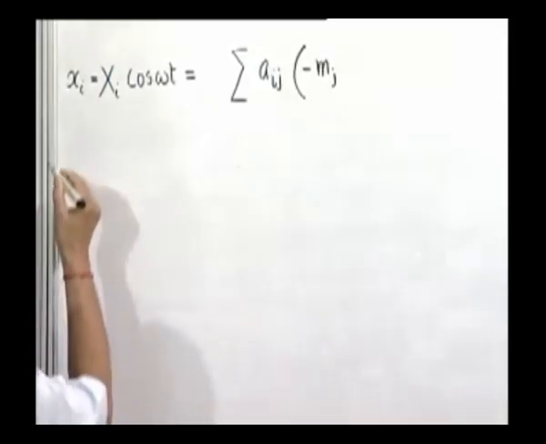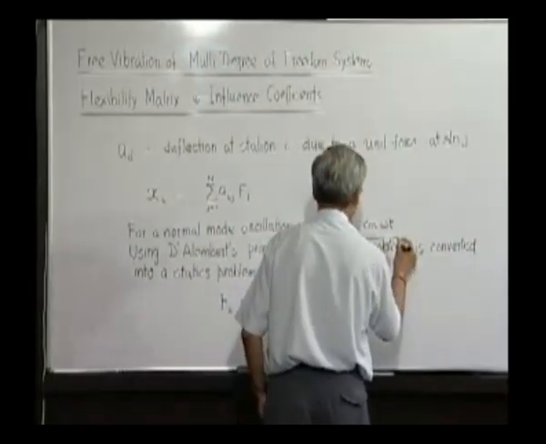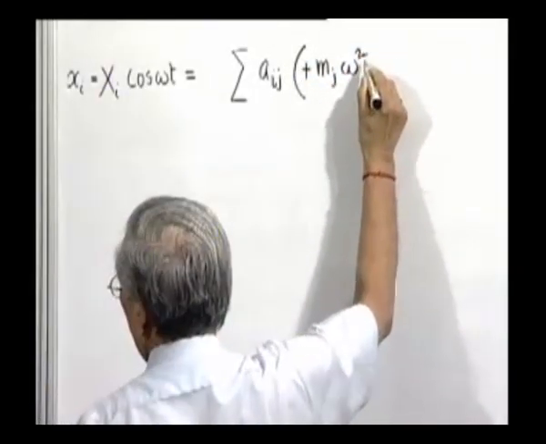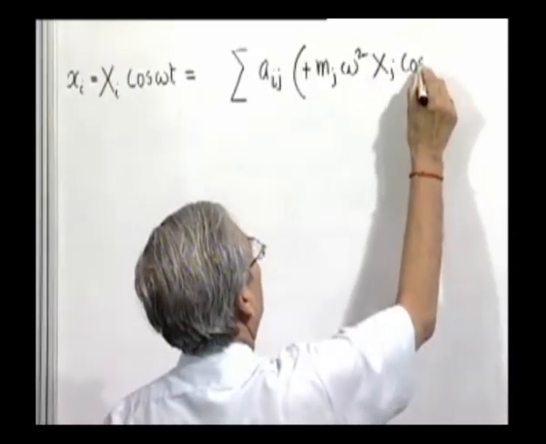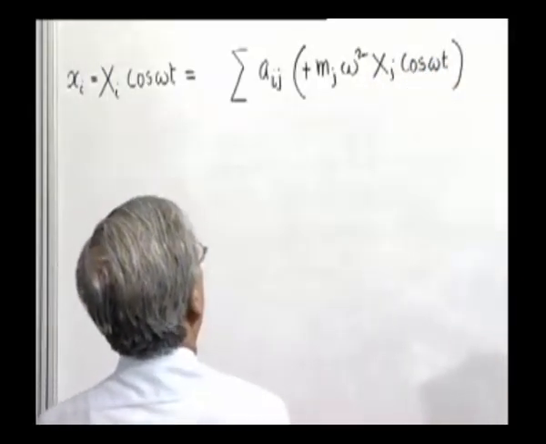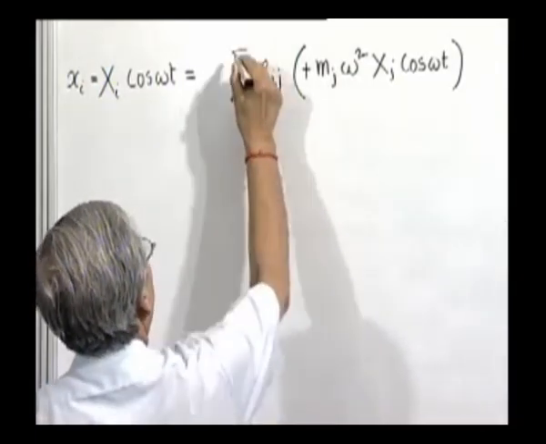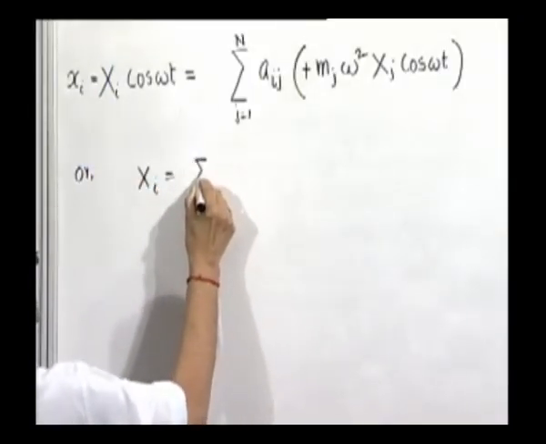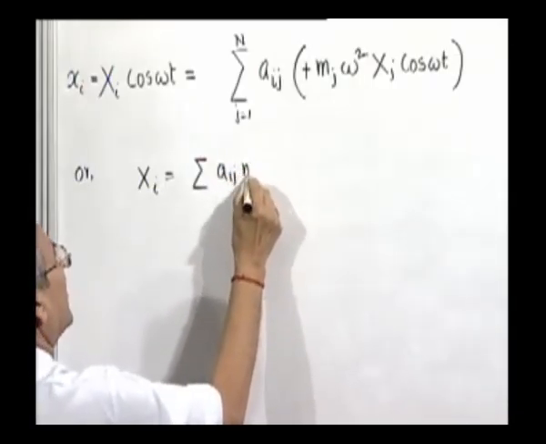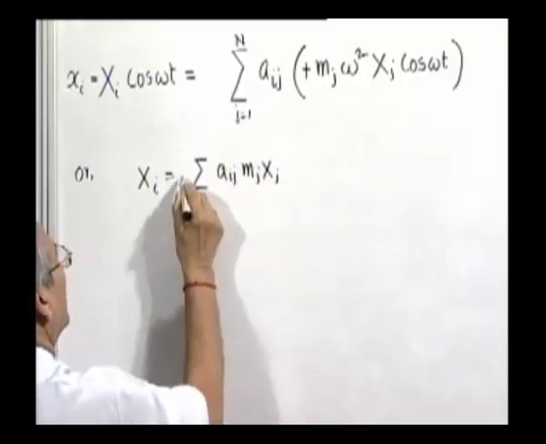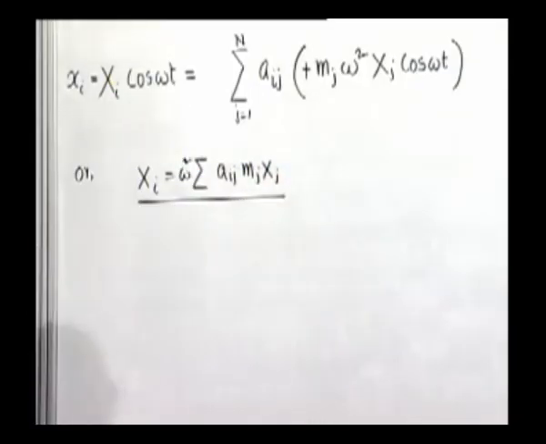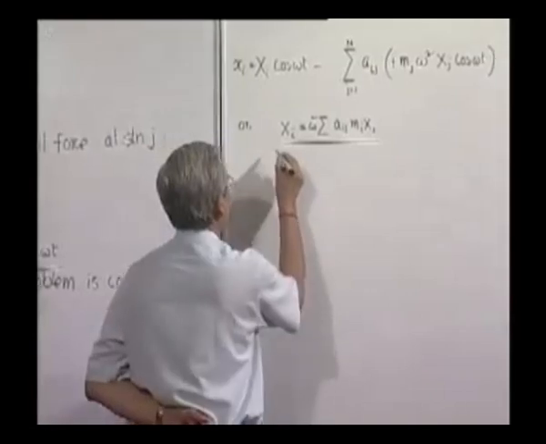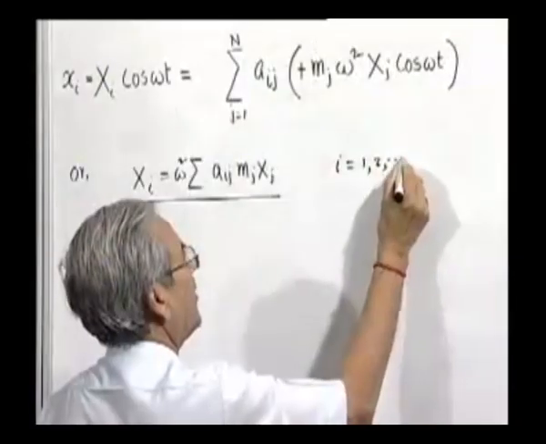If x is equal to this, xj double dot will be minus, another minus, omega square xj, summed over all such j's from 1 to n, we get Xi, for i equal to 1 up to n.